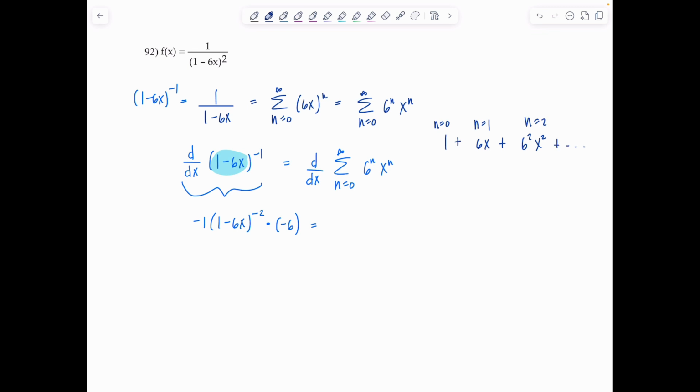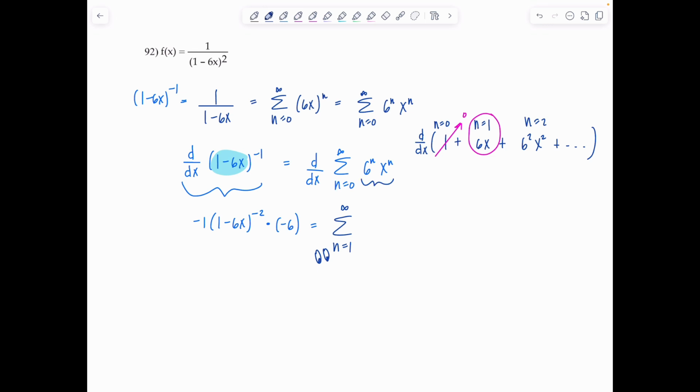But when I take the derivative with respect to x of this power series, the derivative of that first term, since it's a constant, is 0. So now my series is going to start at 1. So don't forget, you always start the index 1 higher when you differentiate your power series because you lose that constant term, that first term.